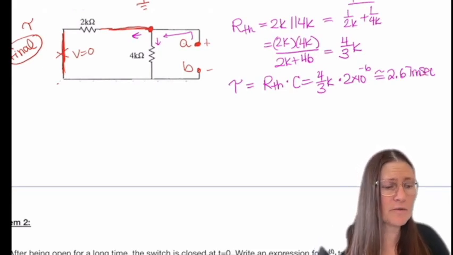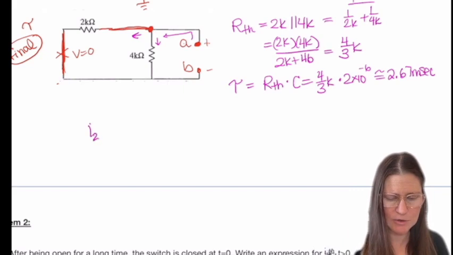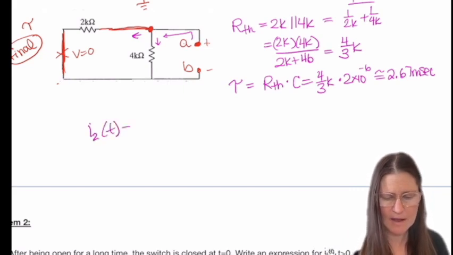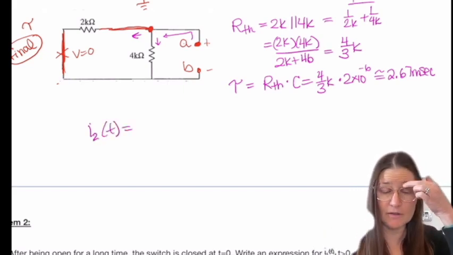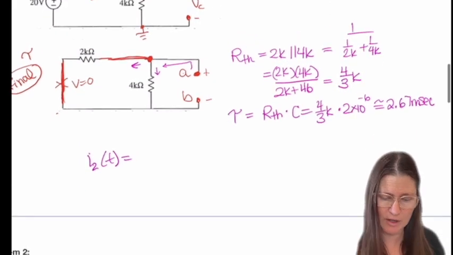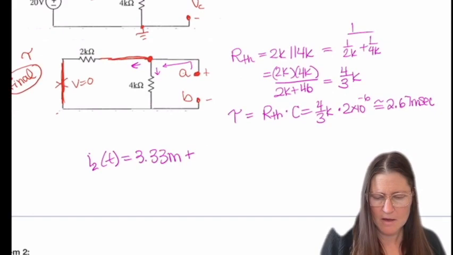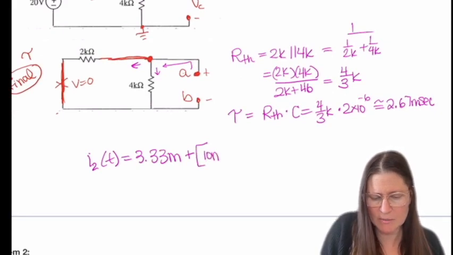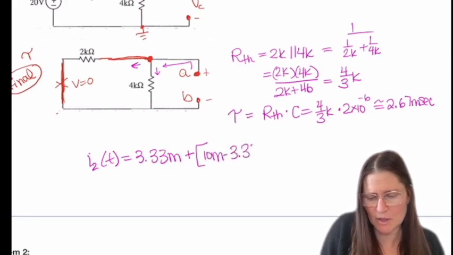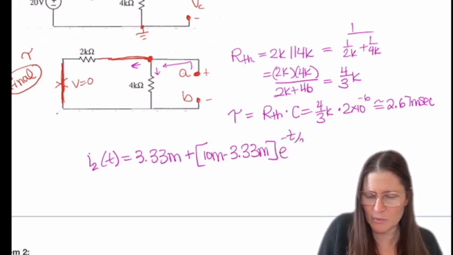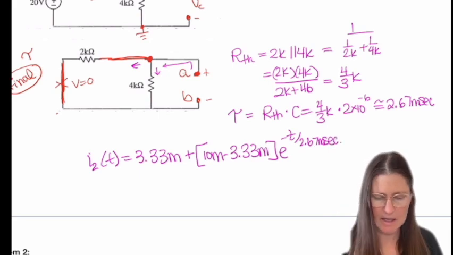And now the general form equation: I2 of t is going to equal the final value, which was 3.33 milli, plus the initial, which was 10 milli minus 3.33 milli, times e to the minus t over 2.67 milliseconds, in amps.